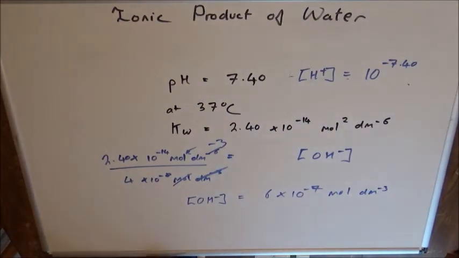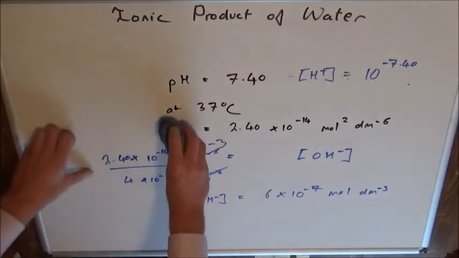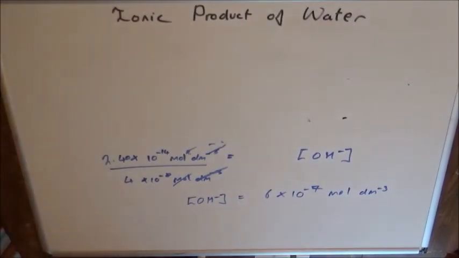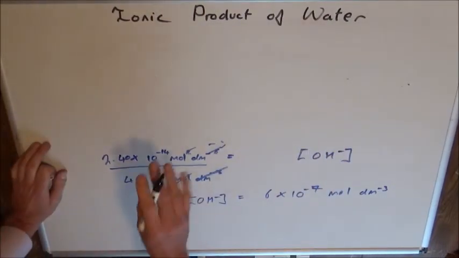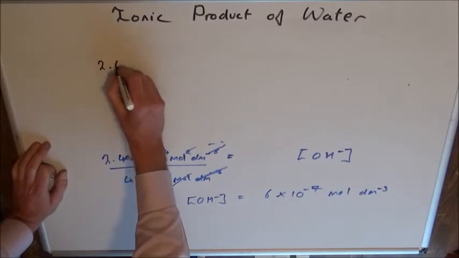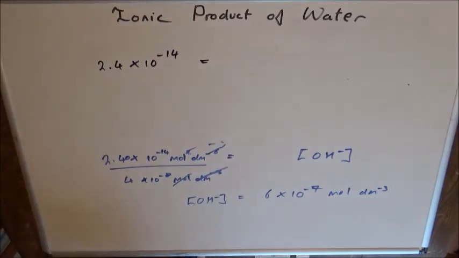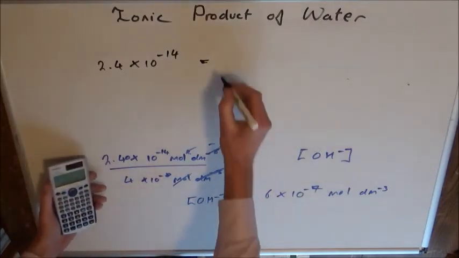So let's just check that. The beauty of these calculations is you can always work them backwards, so to speak, to make sure you've got the right answer. So we're at pH 7.4, and at body temperature Kw is 2.4 times 10 to the minus 14. It's going to equal the hydrogen ion concentration, which is 10 to the minus 7.4, so that comes to 4 times 10 to the minus 8.